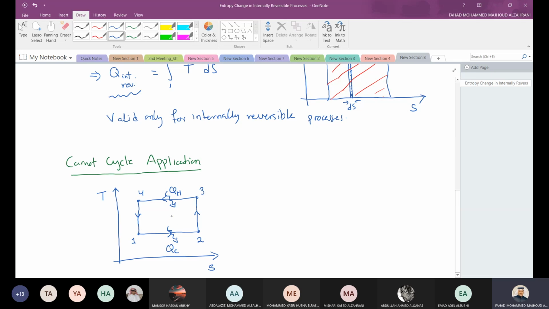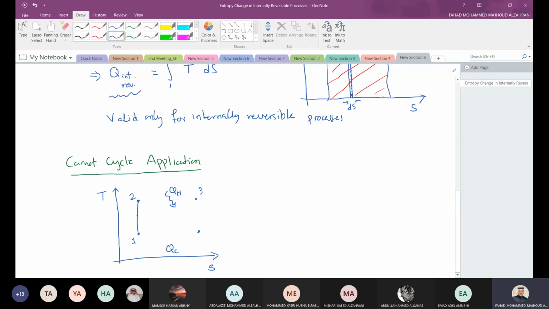Sorry, I think I flipped it, this is the opposite. So this is 2 here, this is 3 here.